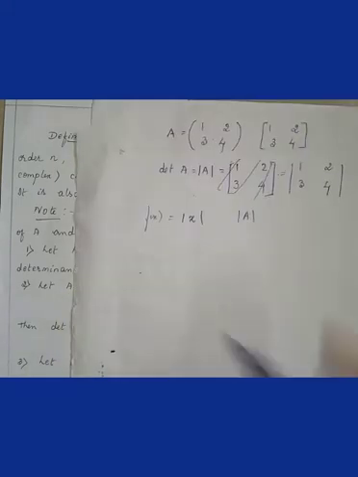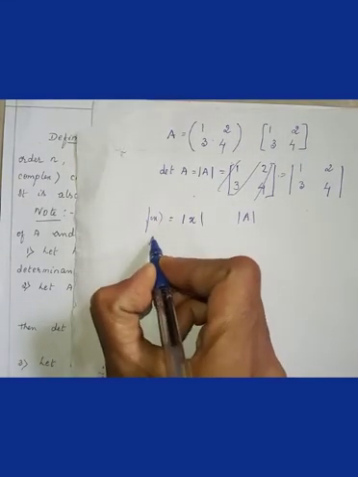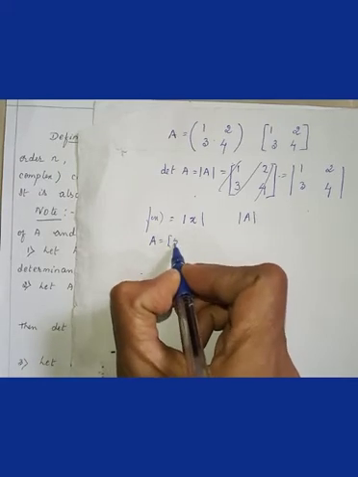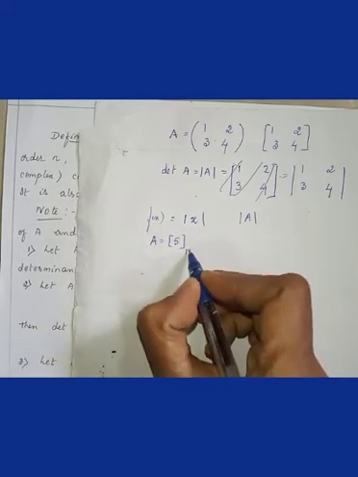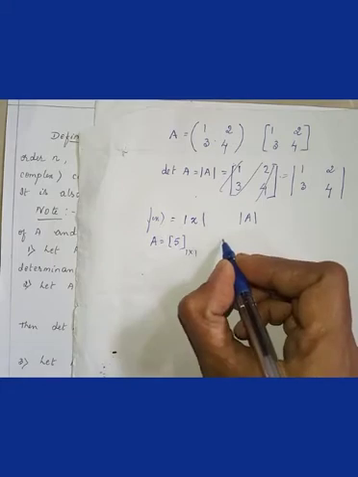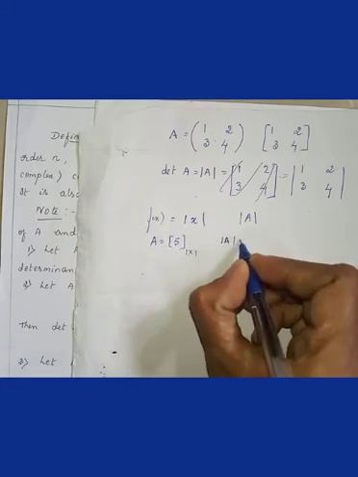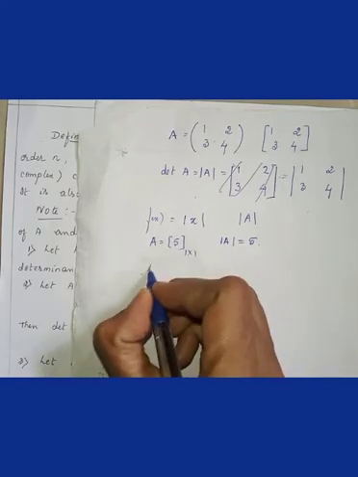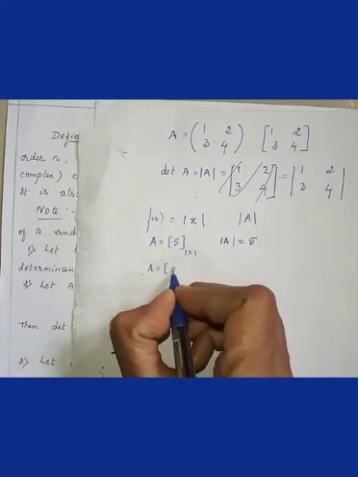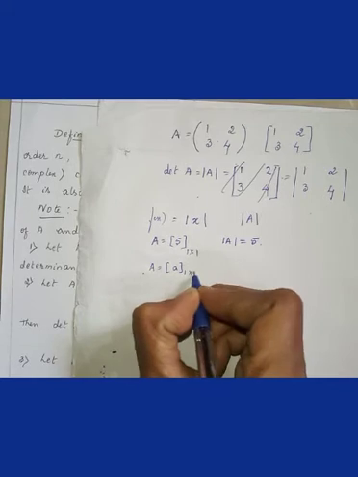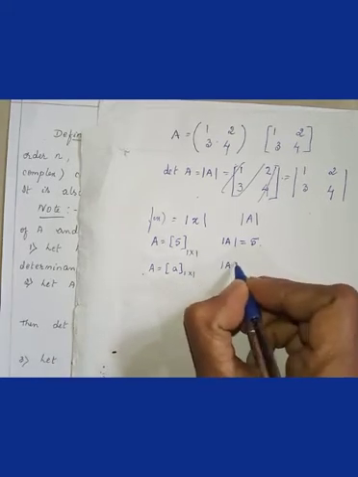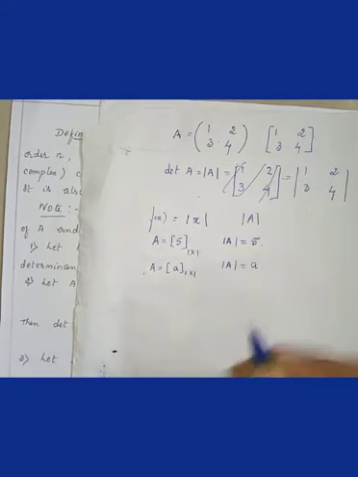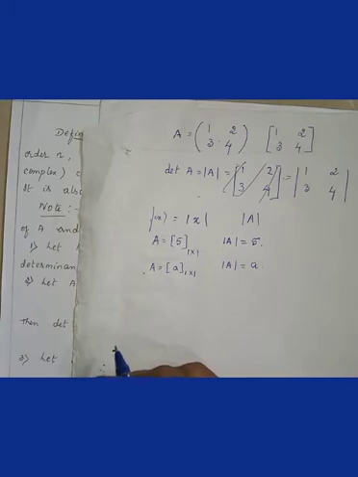That means if A is the 1 by 1 matrix with entry 5, one row, one column, then determinant A is nothing but the number 5 itself. In general, if the matrix A is small a of order 1 by 1, then determinant A is equal to that number a.